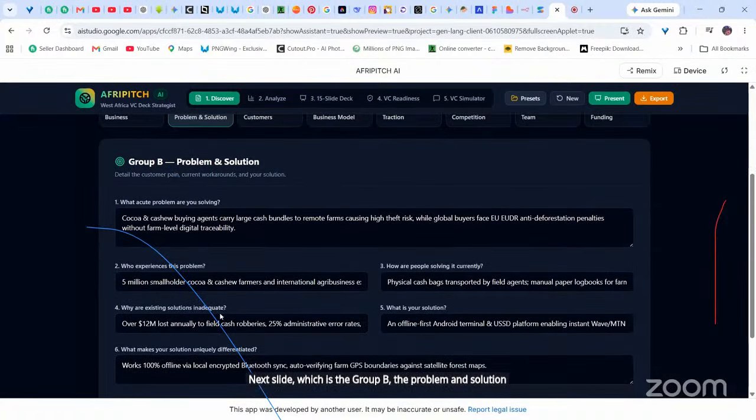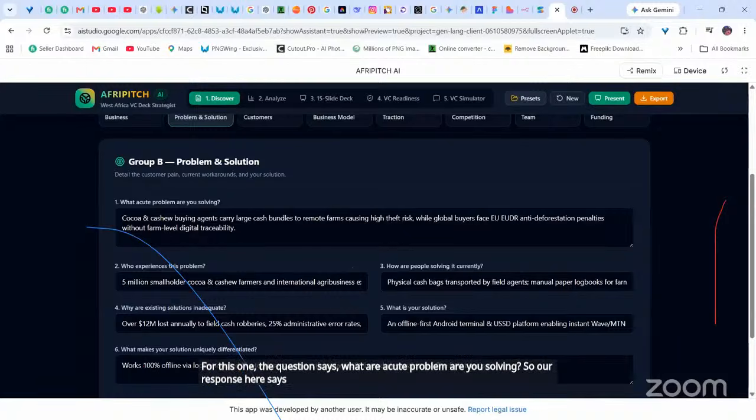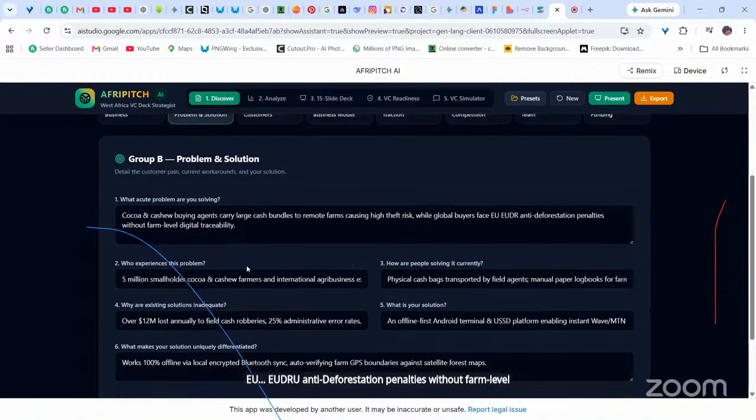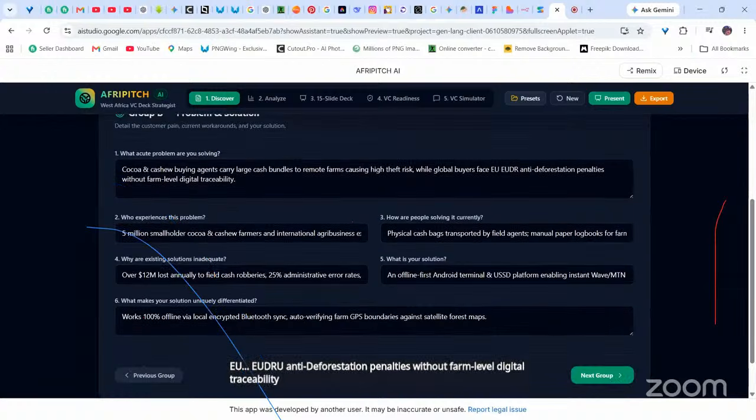So for this one, the question says, what acute problem are you solving? Our response here says cocoa and cashew buying agents carrying large cash bundles to remote farms, causing high theft risk, while global buyers face EU EUDR anti-deforestation penalties without farm-level digital traceability. The next question says, who experiences this problem?